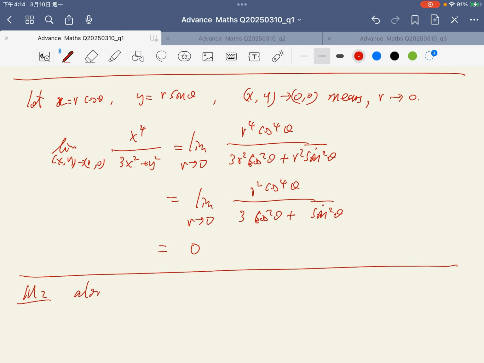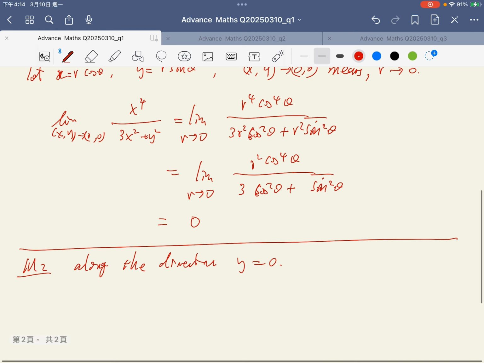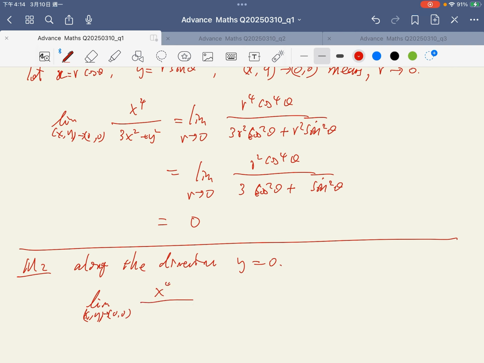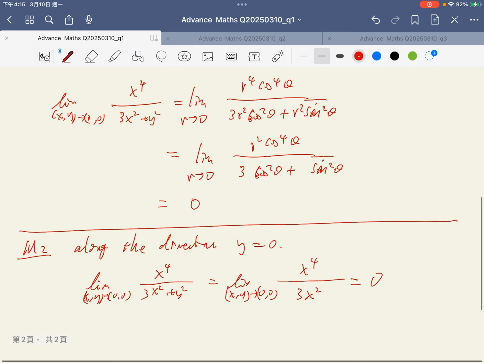Along the direction y equal to 0, the limit becomes x to the power 4 over 3x squared, which is 0. That is the method of finding the limit in multivariable calculus.